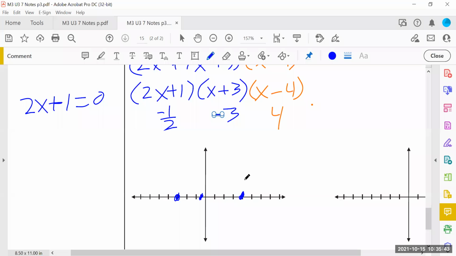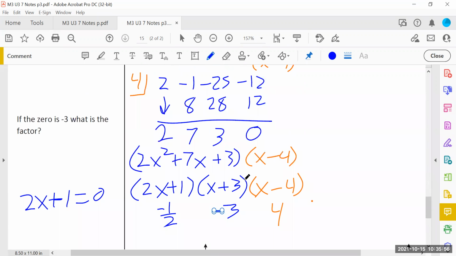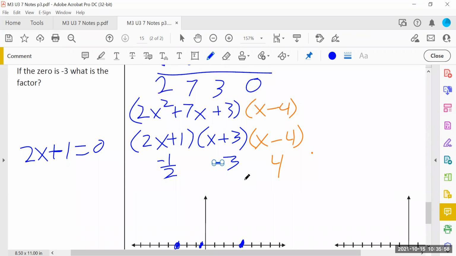I need my y-intercept. Alejandro, how do I find the y-intercept? Okay, so you're looking at the end behavior. It's going to be odd, positive. Where are those coming from?